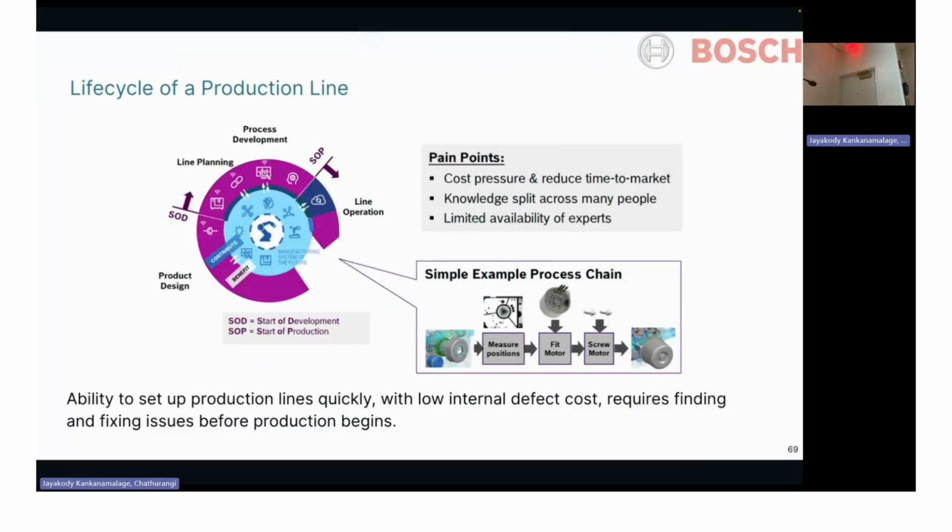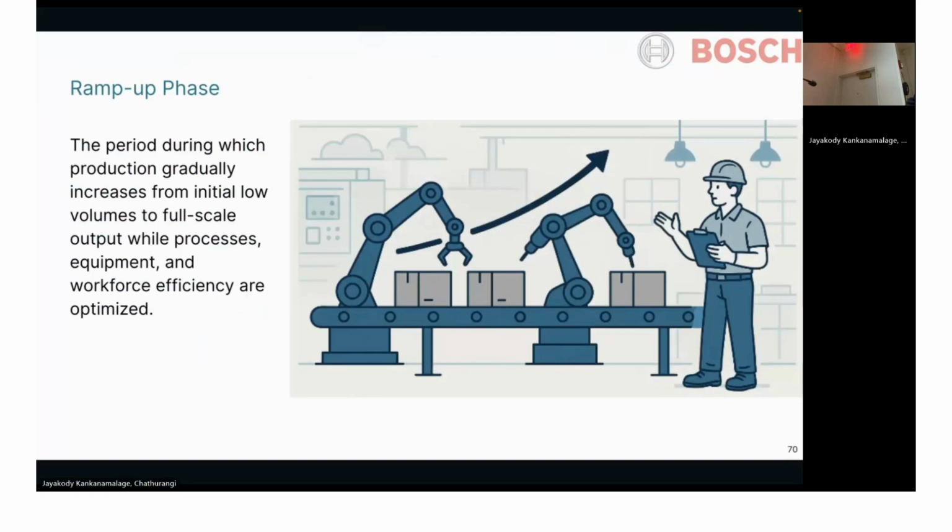That requires us to find and fix any issues within what we call the ramp up phase, between the development and the production. There's this period where we start producing just small samples of products. During this phase, we try to optimize the process as much as possible and work out any kinks. Once this occurs, we can go into full scale production. So we want to do this as quickly as we possibly can.